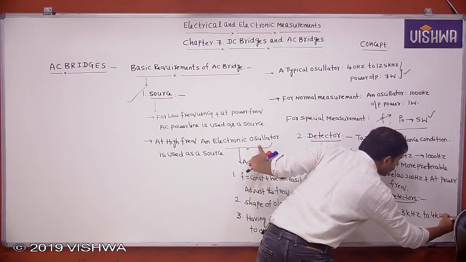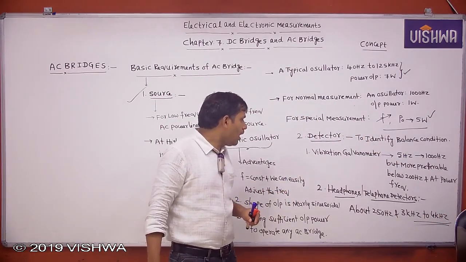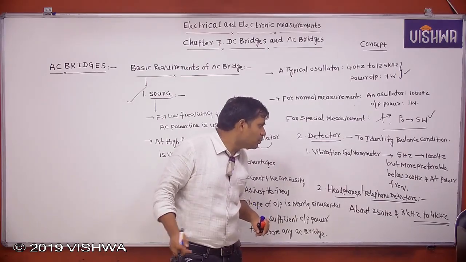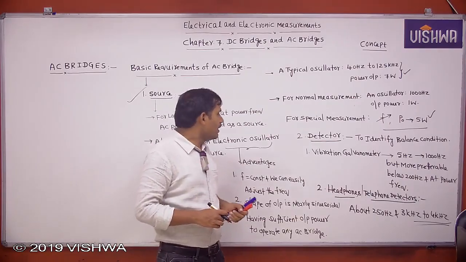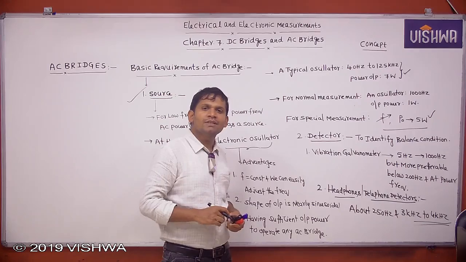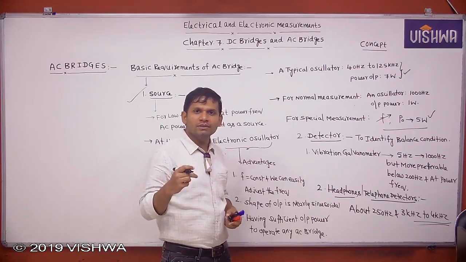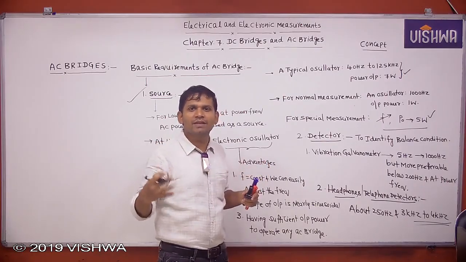But if you use headphones, the balance condition is sensed not visually but aurally. Just by listening to the sound, if the sound is minimum or 0, then we can say that the bridge is balanced.